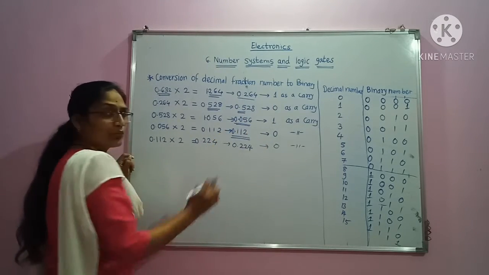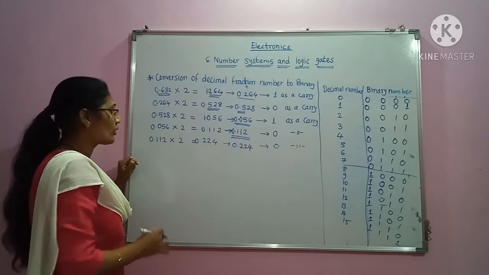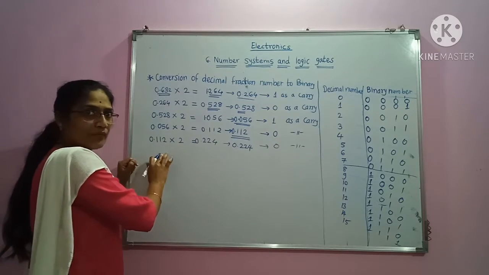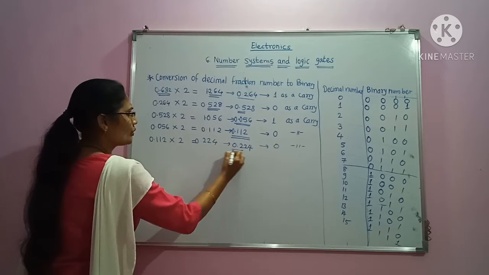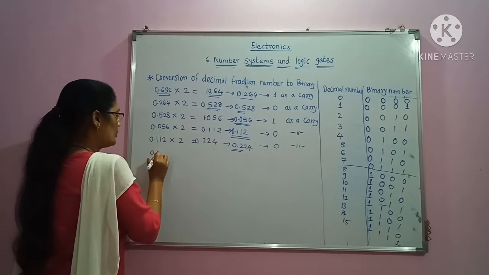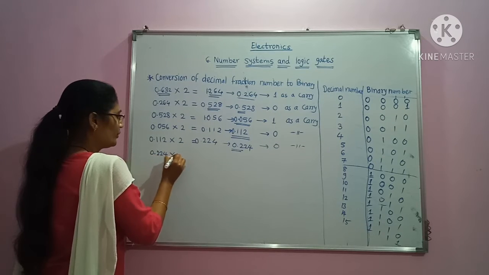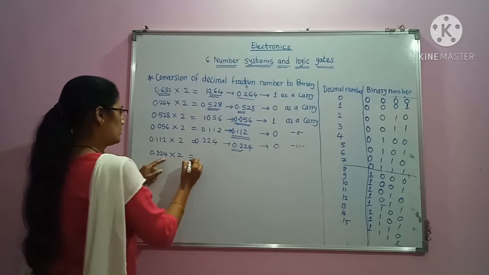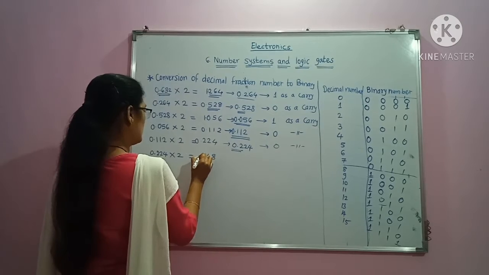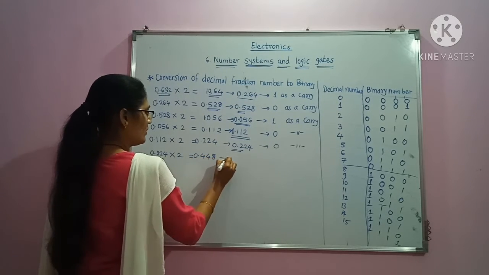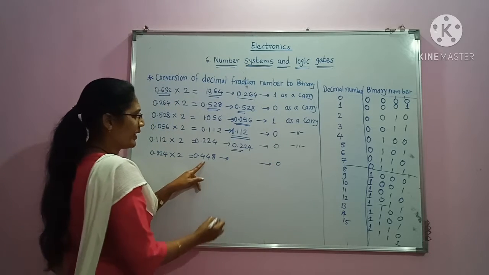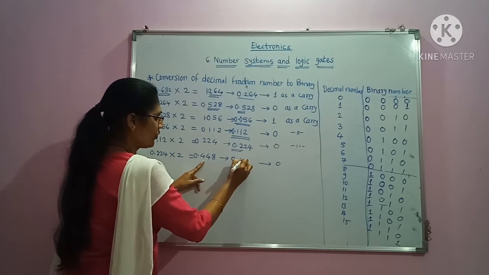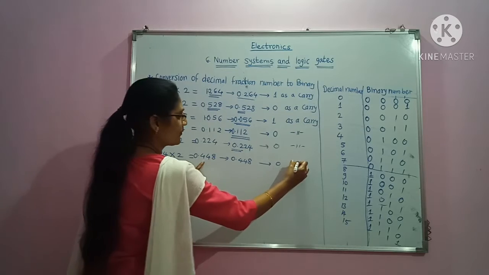In total 8 times I have to perform this operation of multiplying the given fraction or the remaining fraction by 2. So again 0.224 into 2. Again carry is 0 and the fraction becomes 0.448.